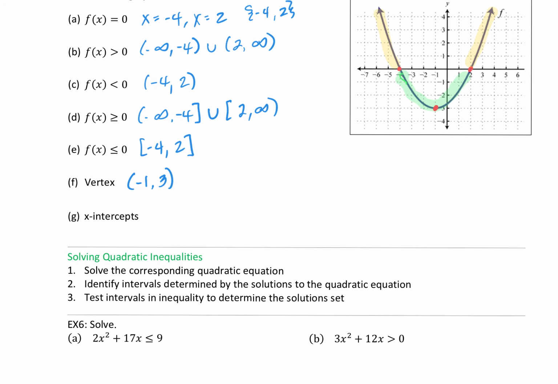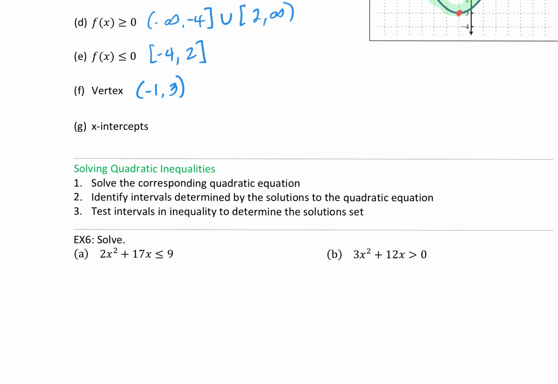The x-intercepts happen for the x values that make the function 0. So it's going to be the -4 and the +2 written as points because the x-intercepts are points: -4, 0 and 2, 0. So at those two points, we have our x-intercepts.